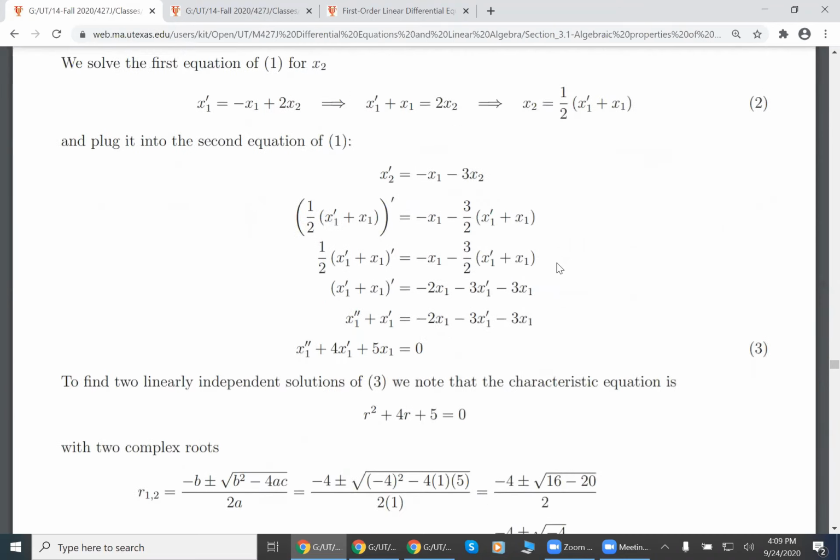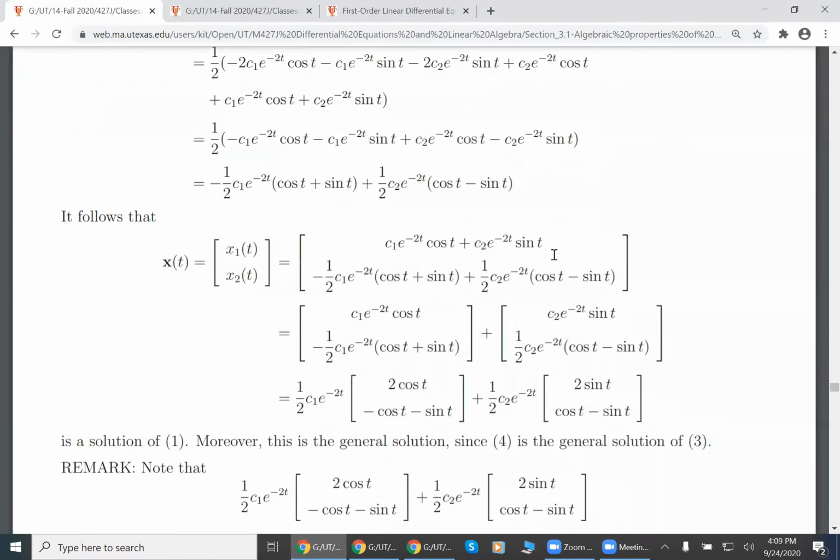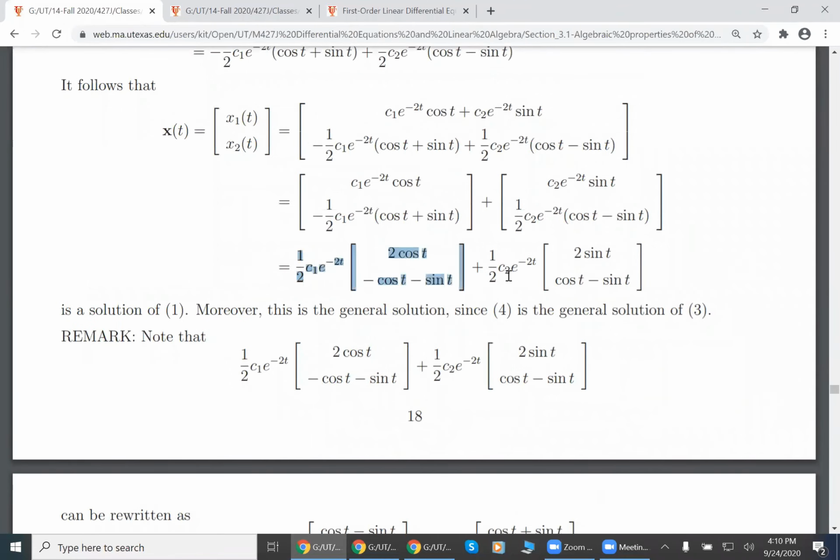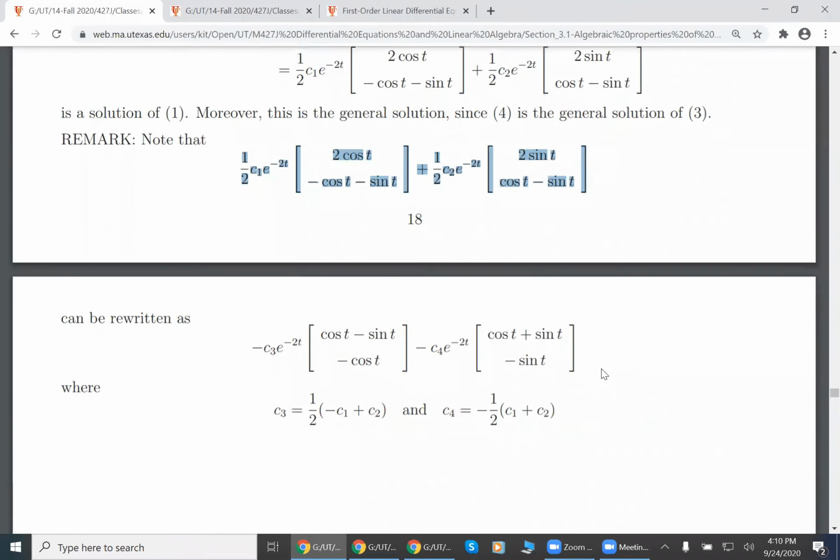If we apply method number 1, we will come up with this answer. For convenience, I copy it here. However, if we apply method number 2, we'll get this answer. And now it is really hard to compare these two answers. Well, here are the formulas for coefficients. But you can say, wait a second, how do we come up with these formulas on a test?